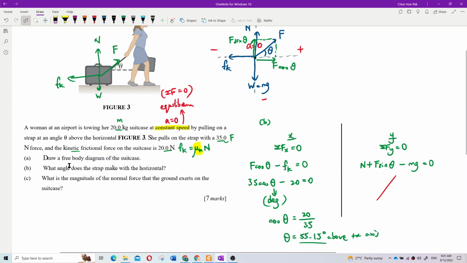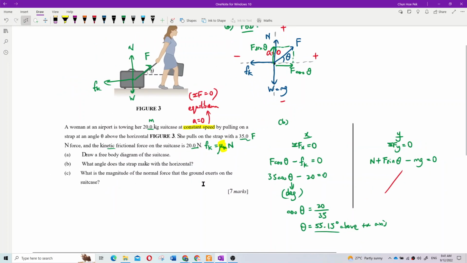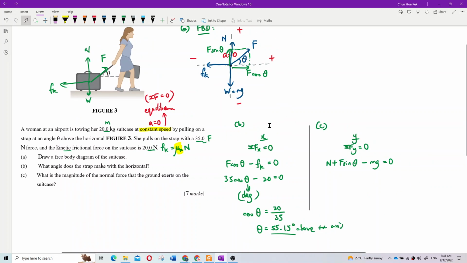So that's the angle, and then how about C? What is the magnitude of the normal force? It seems that we need to do the y component also, because the question asks for the normal force. So just put in all the values. Force is 35 Newton. I got the angle just now, which is 55.15 degree.